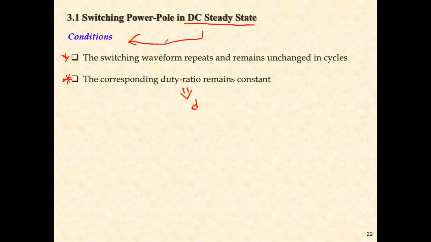But here, in this subject, D is a constant, which means the switching times should also remain unchanged. So two conditions: first, switching waveforms repeat in cycles, and second, the duty ratio remains constant.